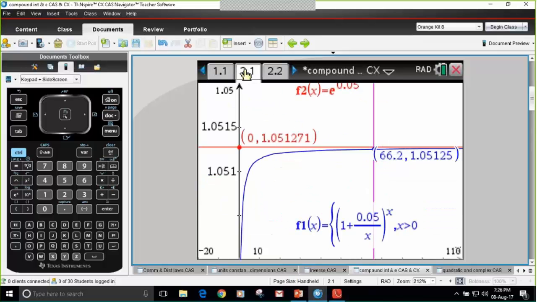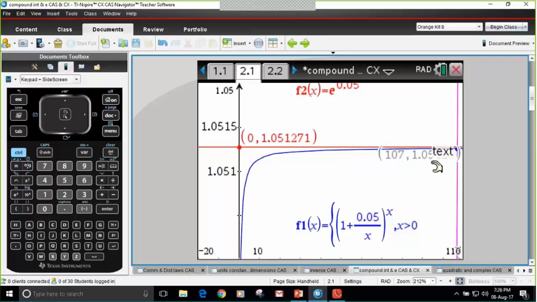If we graph it like this, so you now look at this function graph where X is the number of payments per year, you can see that as the number of payments per year increases, approaches infinity, then we're approaching a limit.